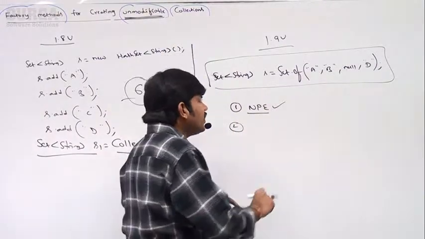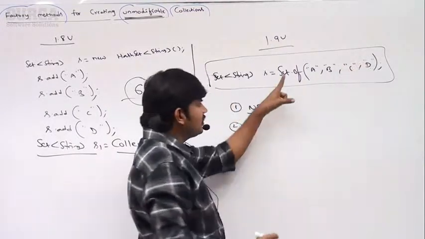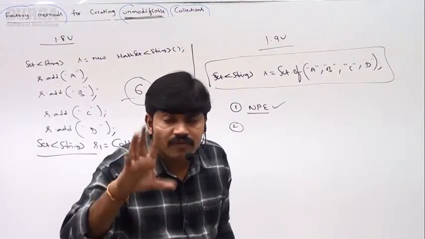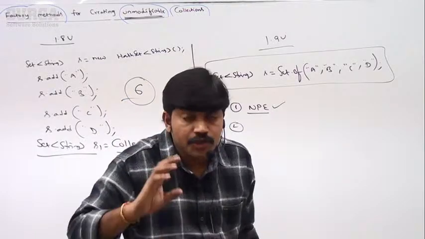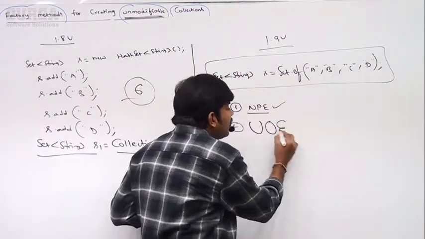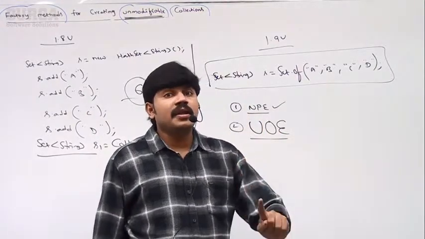Second one, sir. The second possibility is, after creating the set object, after getting the set object, we can't perform any modification. By mistake, if you are trying to modify, immediately we will get an unsupported operation exception. Are you getting that? Why unsupported operation exception?